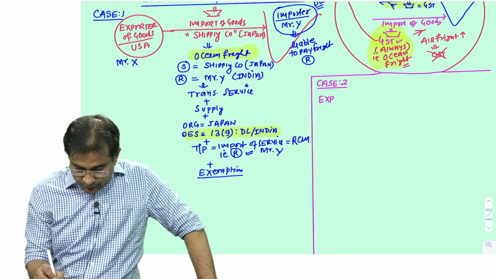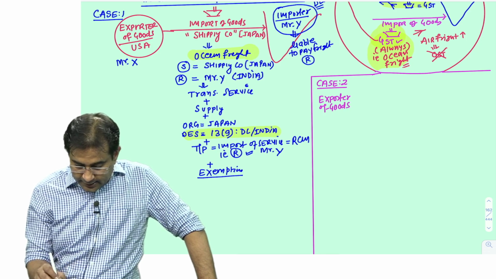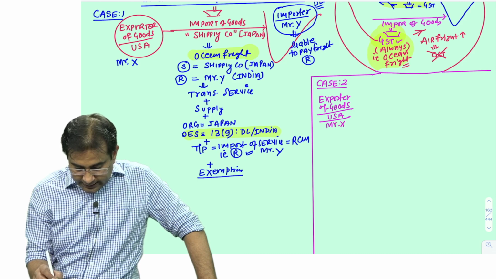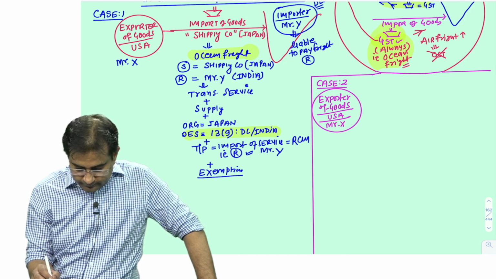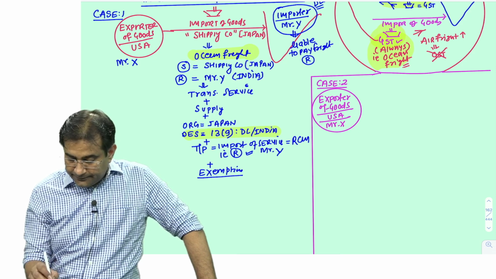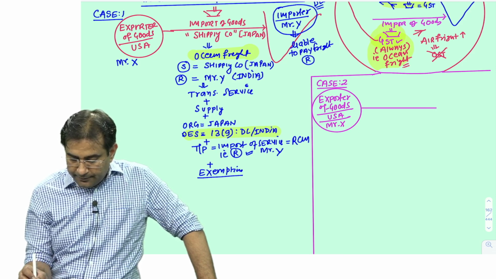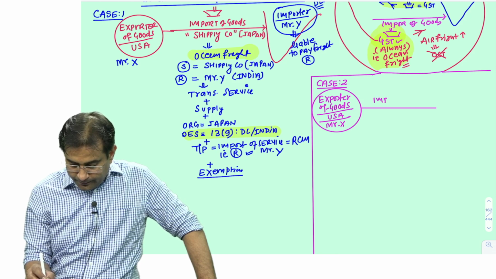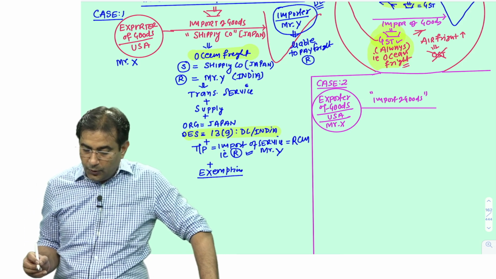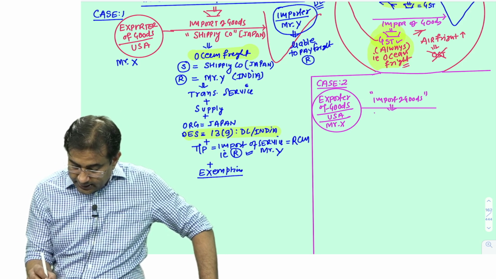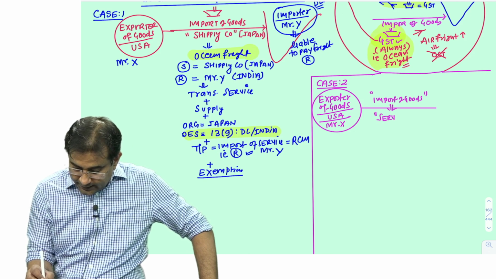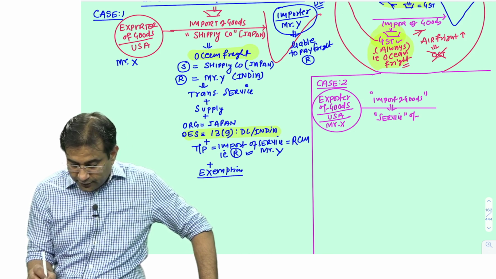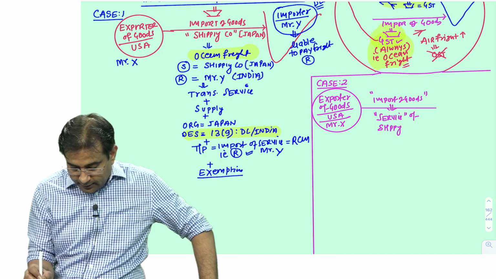Here, the exporter of goods belongs to USA, namely Mr. X. Okay, sir. Second thing, I'm talking about import of goods, and during import of goods we are taking the transportation service of a shipping company.